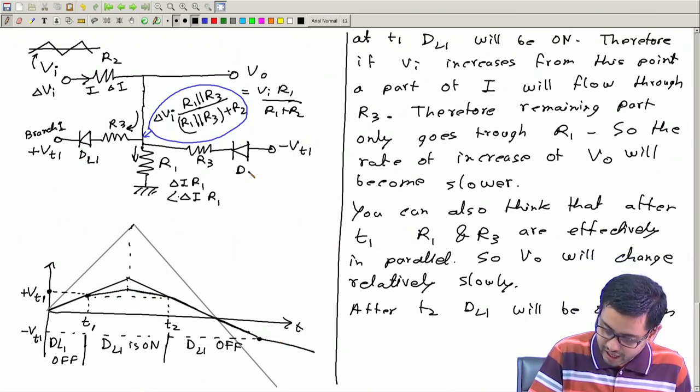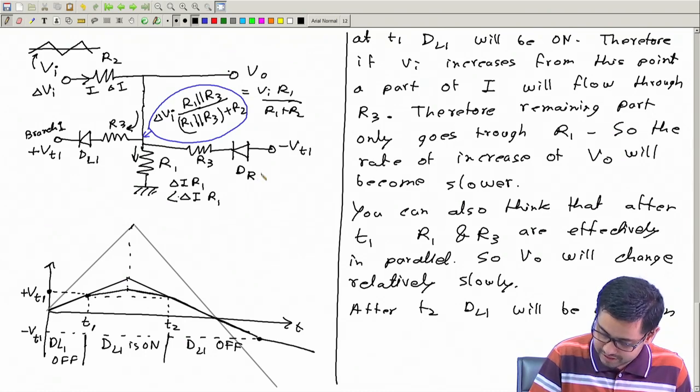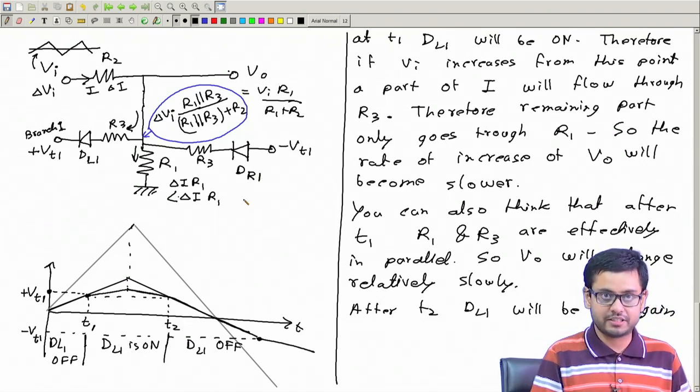I will call this R1, L for left, R for right.